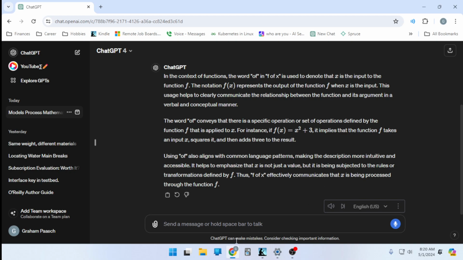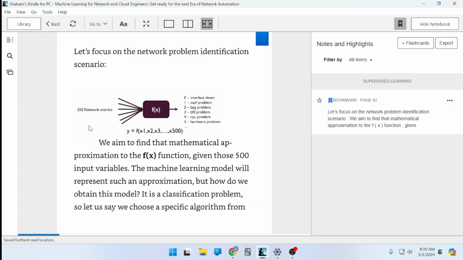Okay. All right. Well, that's fine. So we aim to find that mathematical approximation to the f of x function given those 500 input variables. The machine learning model will represent such an approximation. But how do we obtain this model?